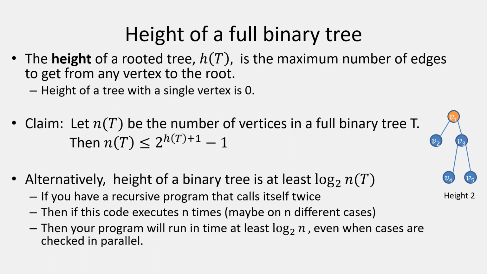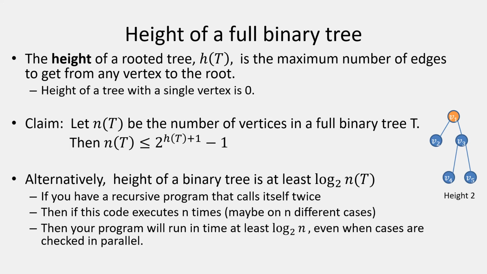And here is what we are going to prove, and this is going to be very useful in a lot of your algorithms and data structures: if we have a full binary tree, and its number of vertices is n(T), and its height is h(T), then it must be the case that the number of vertices in this tree is at most 2^(h(T)+1) minus 1.